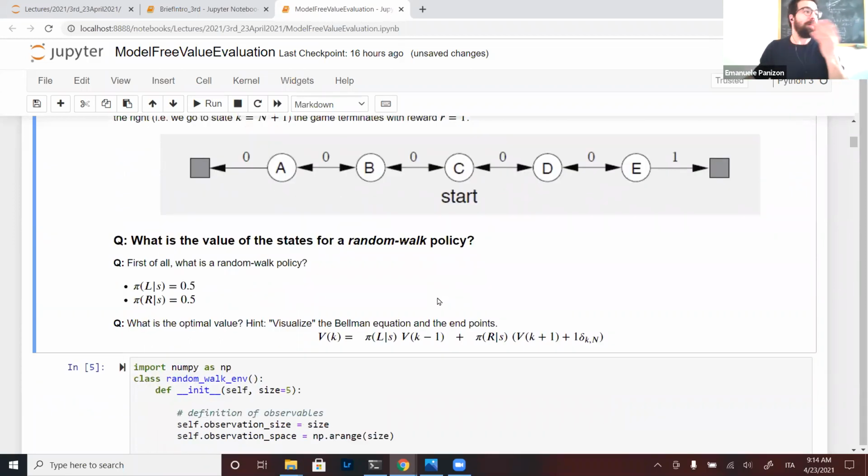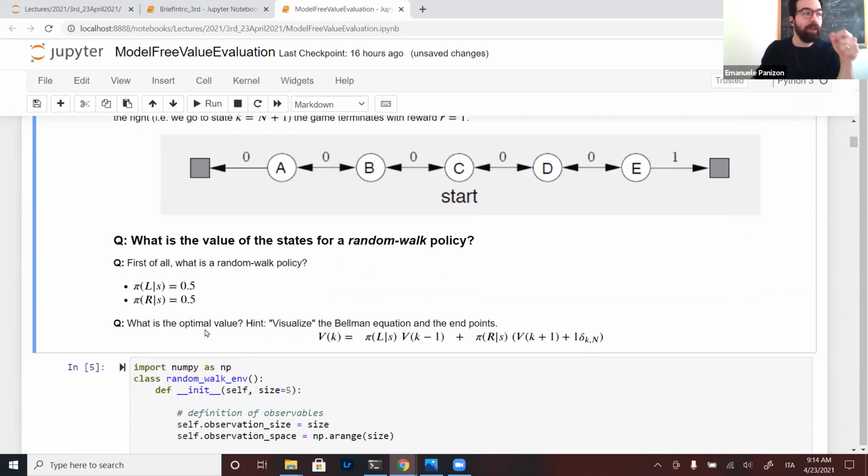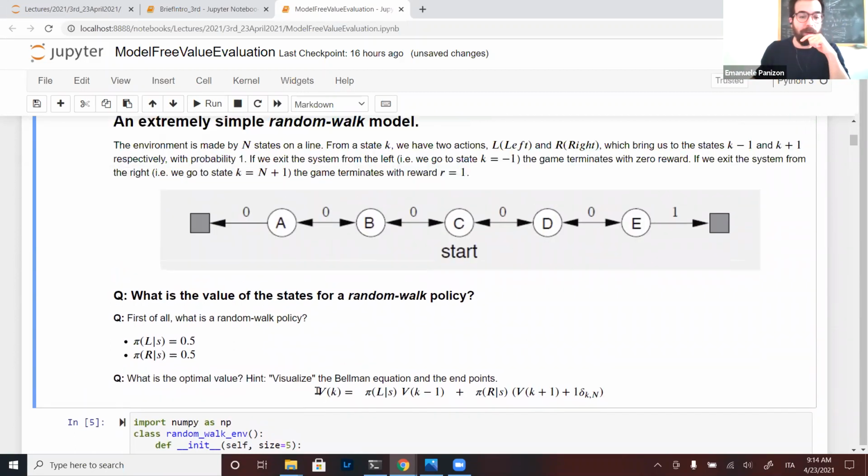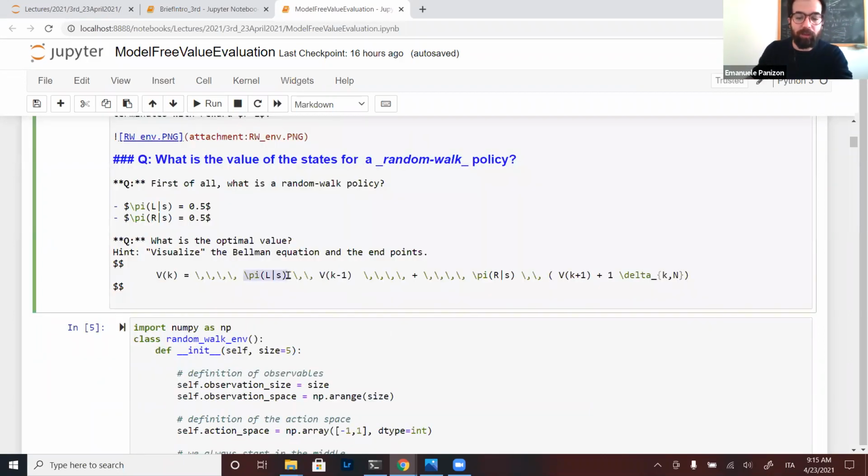We will use algorithms to do that. But of course, this is a very simple problem. We could also know what the optimal value is before doing any simulation, because we can actually calculate it. It's very simple actually. If you remember the Bellman equation, your value is, now we can write 0.5 here and 0.5 here.